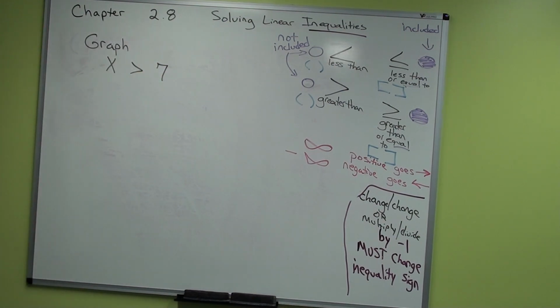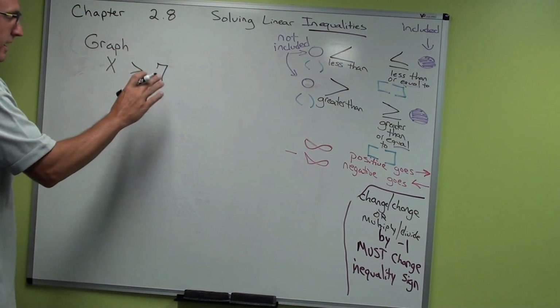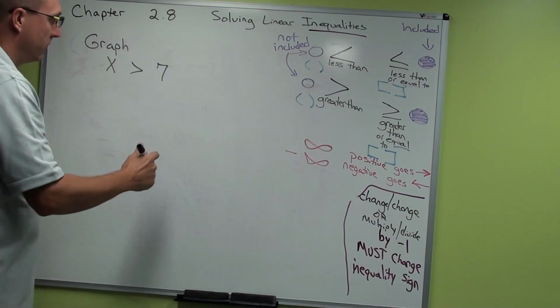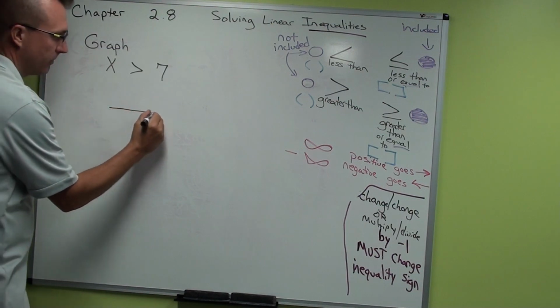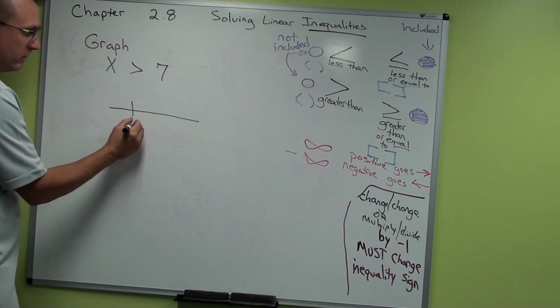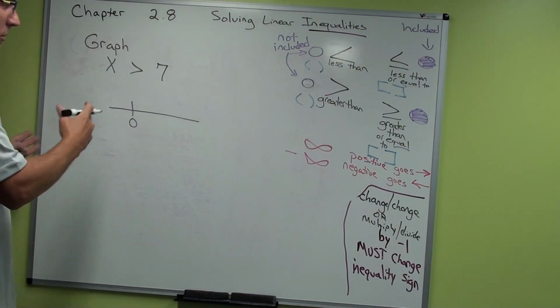Okay, we can do that. This is what we do. The first thing is, we make a graph on the x-axis, which means it's going to go horizontal. So we're going to go like this. We always put 0 in, because we need to know which way we're going with 0.